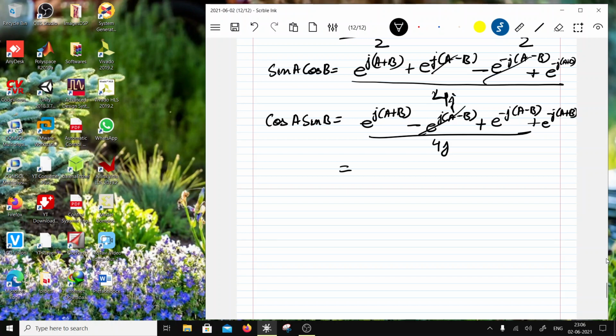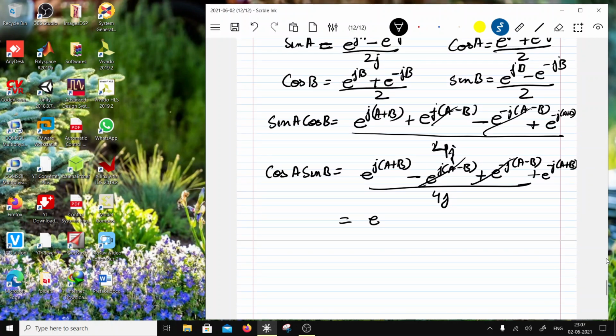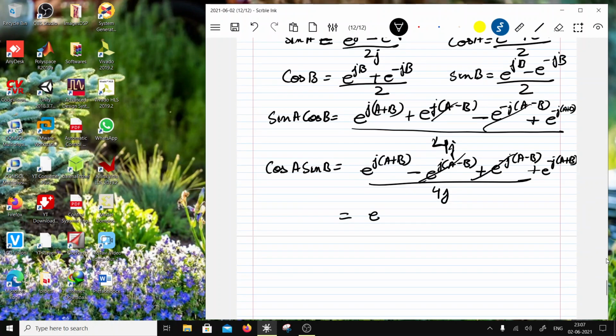So now sine a cos b plus cos a sine b is going to be, this cancels with that, this cancels with that, and I'm left with e raised to j a plus b.